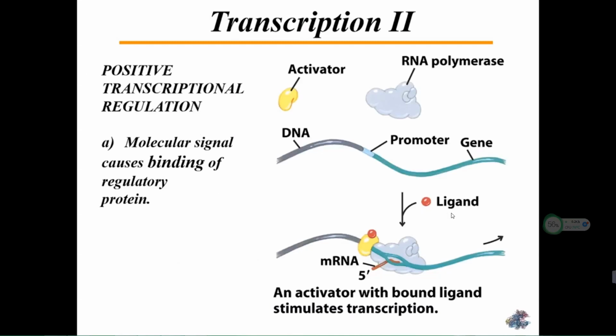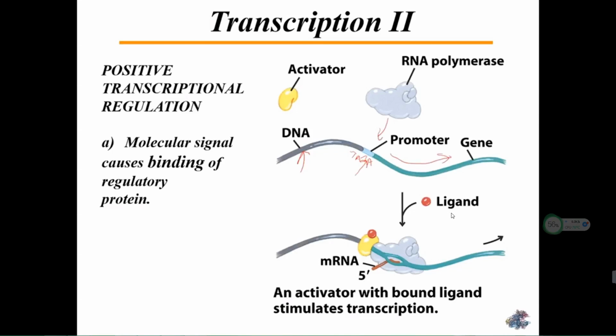Okay, so when we talk about positive transcriptional regulation, again, we mentioned that we need an activator, and this will facilitate increasing transcription by the RNA polymerase. So in this diagram, we can see that we have our DNA. We might have, if this is a eukaryotic cell, a TATA box depicted here, and our RNA polymerase coming in to be able to transcribe the particular gene of interest.